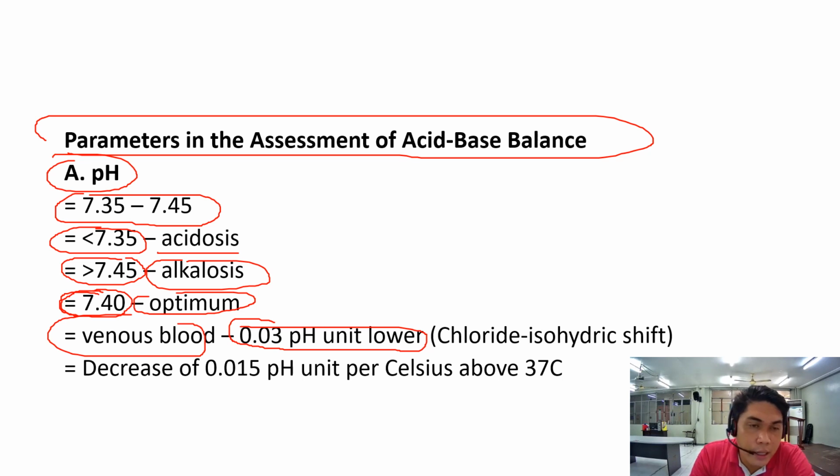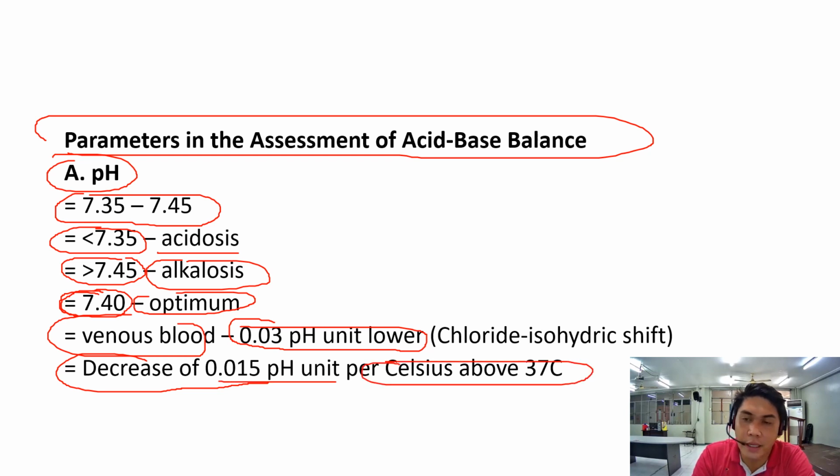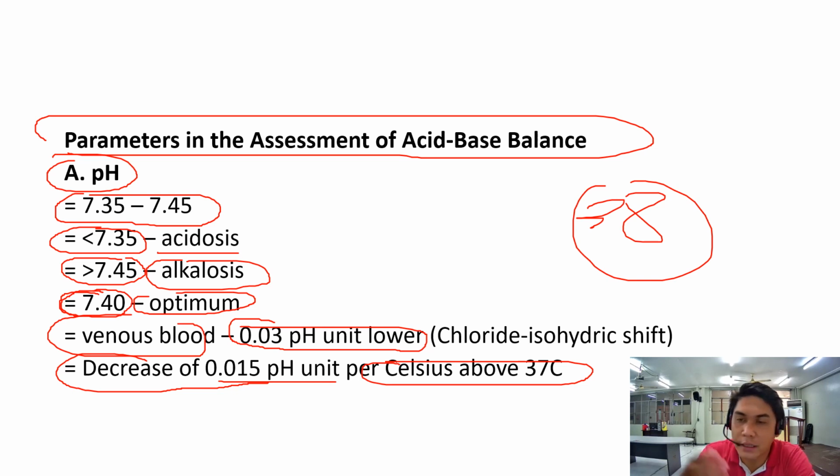Then, there's a decrease of 0.015 pH unit per degree Celsius above 37. So for example, if your body temperature is 38, there's an expected decrease in your blood pH of 0.015.